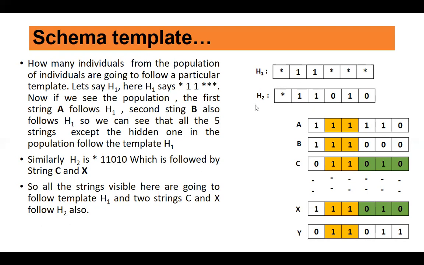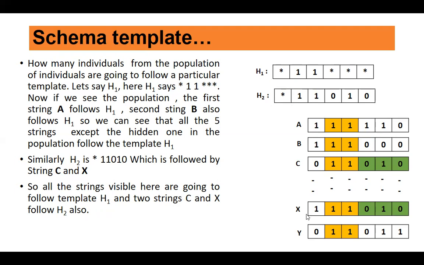Fine. Similarly, if you look at H2, that is star, 1, 1, 0, 1, 0, it is followed by the C and X strings, right? In C, the star is replaced by 0. Then you have 1, 1, 0, 1, 0, right? So C follows both template H1 as well as H2.